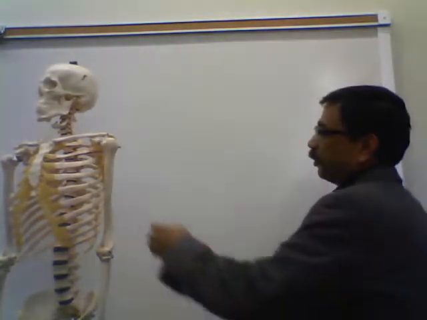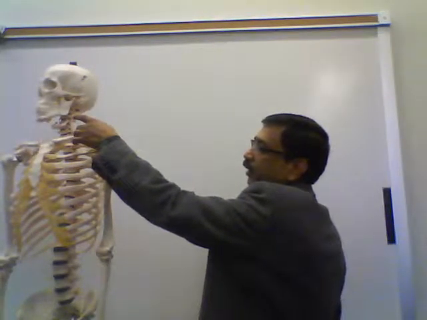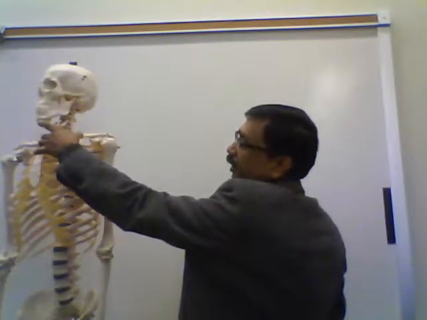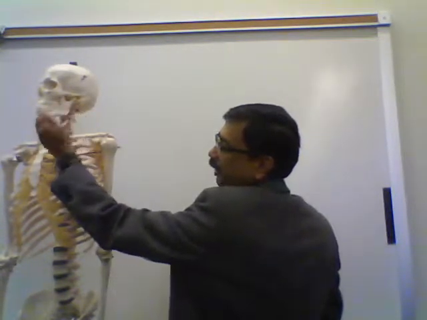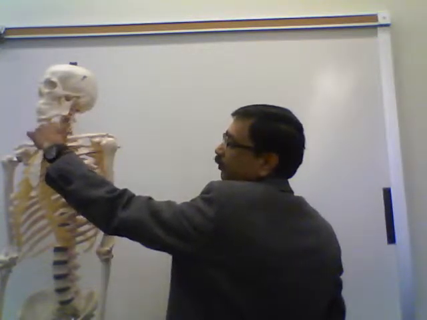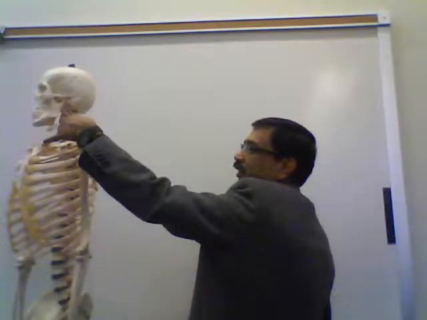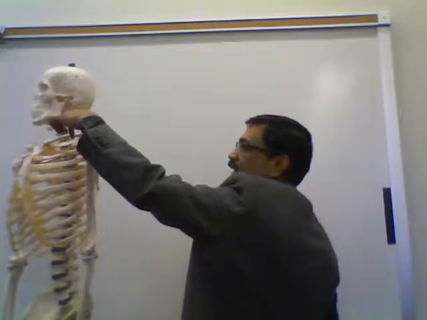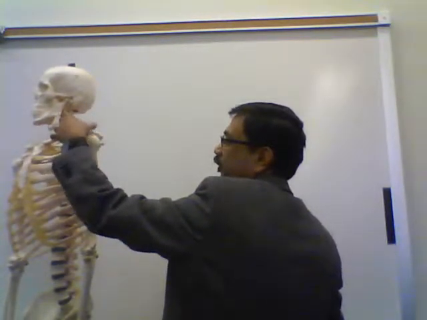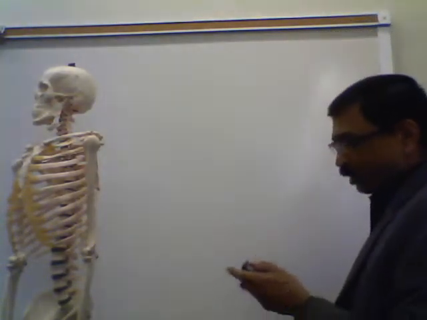Another thing is, if you divide this bone into medial 2/3 and lateral 1/3, the medial 2/3 is curved forward. That means round forward, convex anteriorly. The lateral 1/3 here, you see, is concave anteriorly. Okay. So that is another piece of information about this bone. Fracture of this bone occurs often.